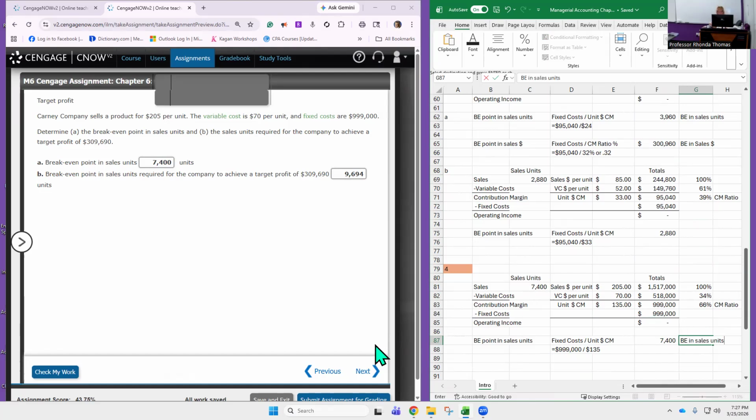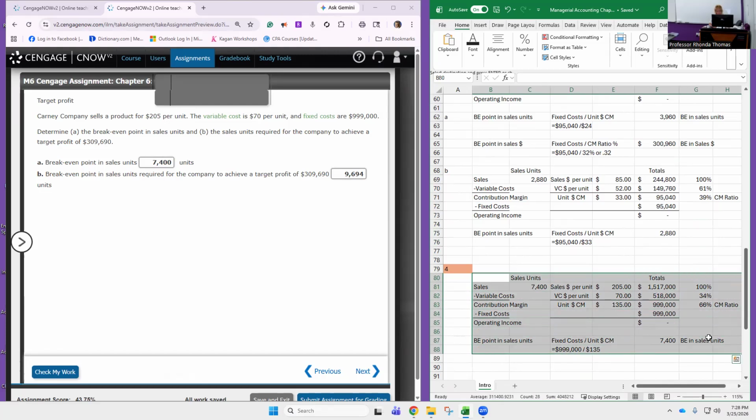Okay, now we're going to look at adding a profit amount to this. Let me bring it down. We now know what our break-even is, right? So we know that this option to achieve a profit of $309,690, we know that's going to be more than that number, right? It takes more units to get past break even. So I'm going to take this and bring it down.